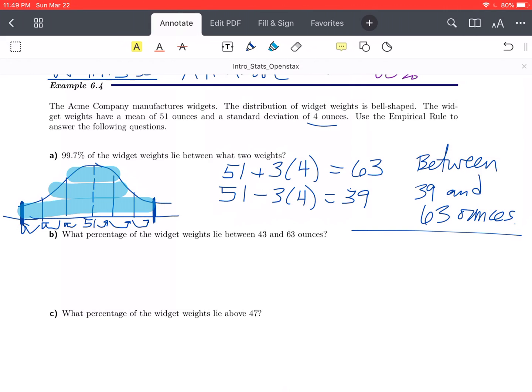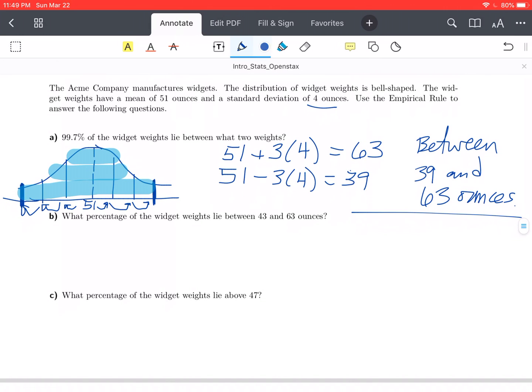Now, what percentage of the widget weights lie between 43 and 63 ounces? So for this one, we will also go ahead and construct a normal curve here, and we put our mean on here. There's 51.